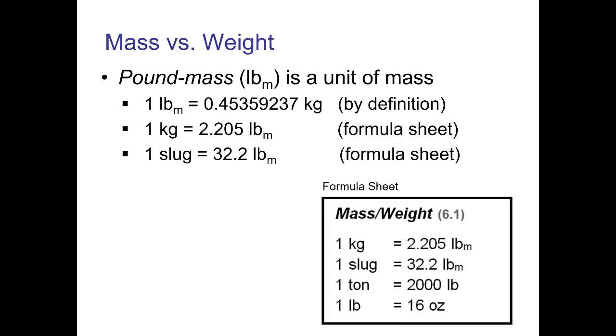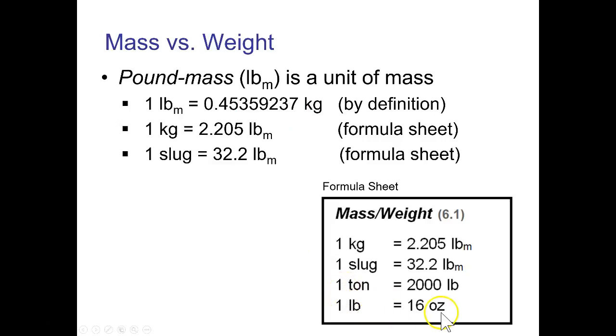On this page, you will see that there are some conversion factors. The ones that you need to really pay attention to are the kilogram equals 2.2 pounds, and 1 pound is 0.4535 kilograms. You don't need all of those decimal places.